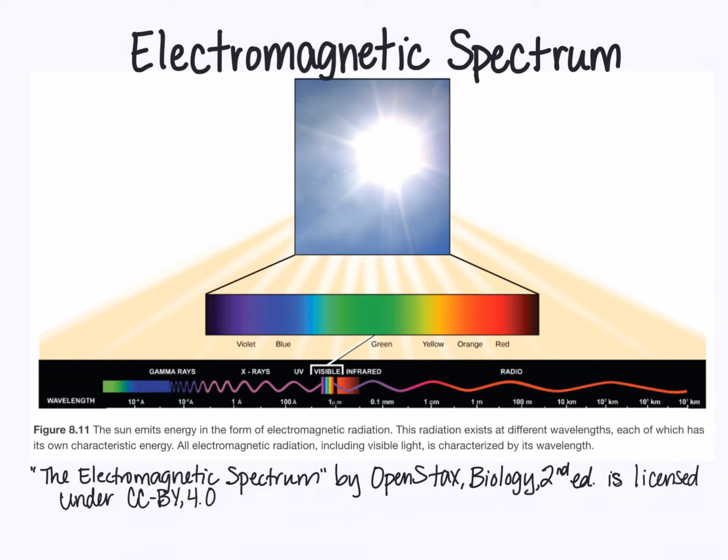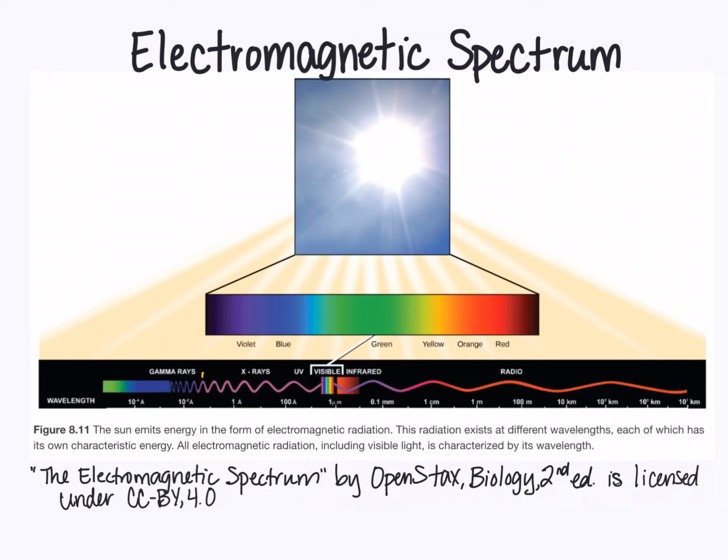Before we continue talking about the absorption of solar energy by pigments, we need to review something called the electromagnetic spectrum. You have maybe heard of this in a previous science course. The electromagnetic spectrum shows you the energy that is emitted from the sun, and this energy exists in different wavelengths. The wavelengths just indicate how close these peaks are to each other.